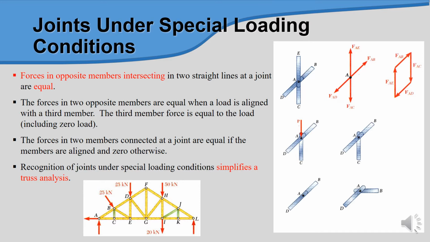We can see from the first diagram, which is two members intersect at point A or joint A, and we can see from the free body diagram produced, we have four forces acting in opposite directions, which is we have force FAE is equal to force FAC, and we have another force, FAD is equal to force FAB.